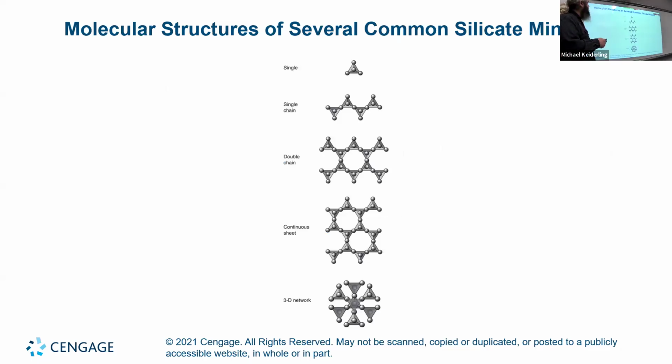So you can have the tetrahedrons independently. They can be chained up like this with a bunch of these chains. You can have double chains like this, where 2 of these chains are bonded to each other. You could have flat sheets like this, or you can have a 3-dimensional network. The 3-dimensional network, if there's nothing in it, that's quartz. If there are other minerals incorporated in it, that's how you get feldspars.